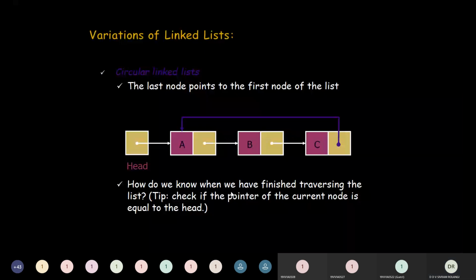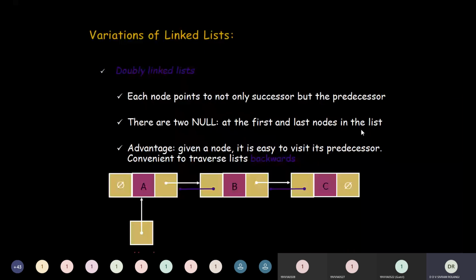Next, another variation of linked list, that is doubly linked list. Before seeing what a doubly linked list is, let us find out the problems with the singly linked list. As you can see here, in a singly linked list, we can move only in the forward direction, from the first node to the next node, to its successor, like that.